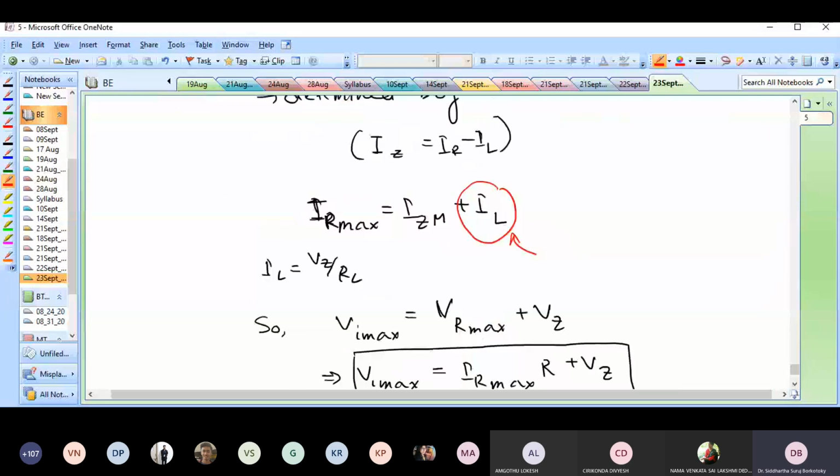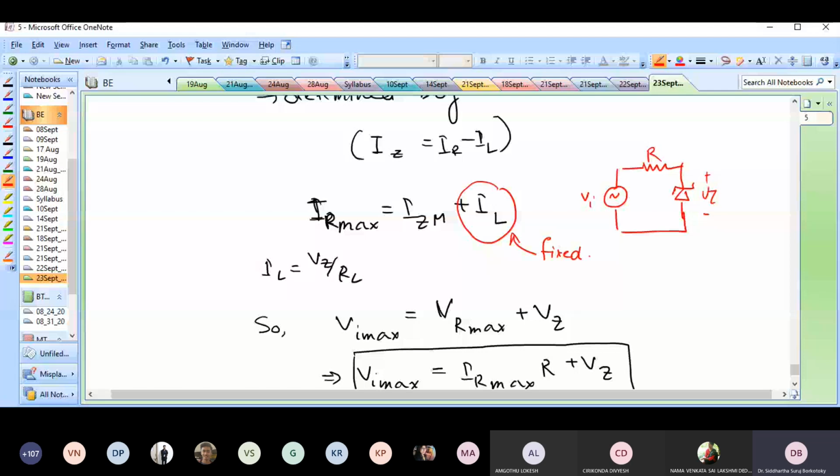If you're confused, remember the original setup. You had this Vi, let's suppose, you had this resistor R, you had the Zener diode with a voltage of Vz, and finally you had this RL, right? So now what is IL?